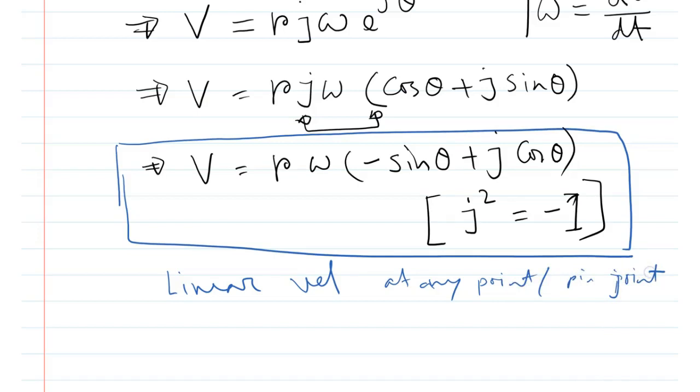Now in our problem, the second task is to find linear velocity for pin joint A and pin joint B. That means you are asked to find VA and VB. Now if we just look at our forward linkage, we need to identify what that velocity is related to.